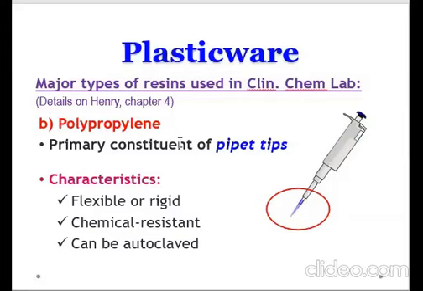So the question usually states, what is the most common type of plastic seen in the pipette tips? So the answer for that one would be polypropylene. Okay, so polypropylene again is the primary constituent of pipette tips.